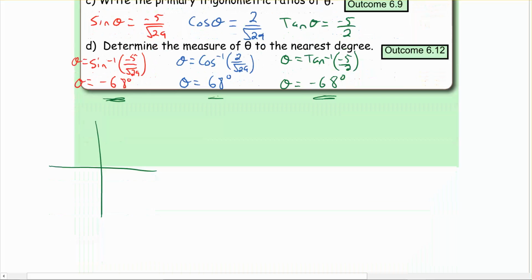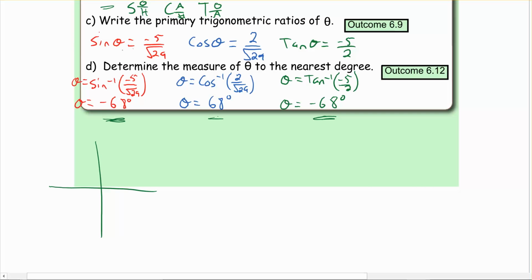But if I look at sine theta, this part right here, sine theta is equal to -5 over square root 29. Well, according to my CAST rule, sine was negative in this one and in this one. Sorry, I lied to your face.